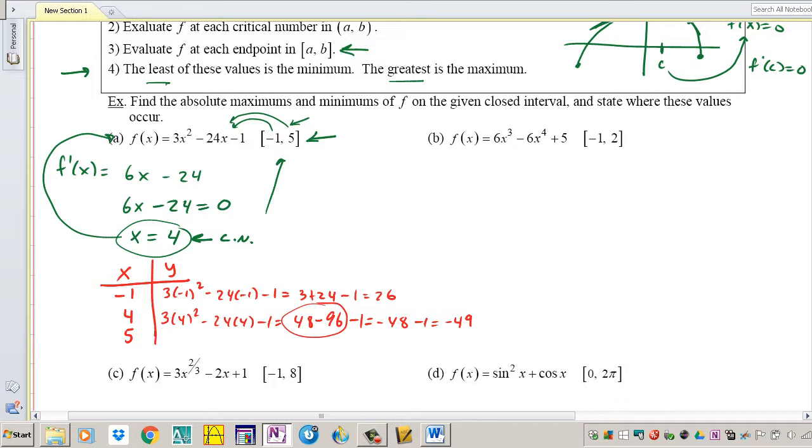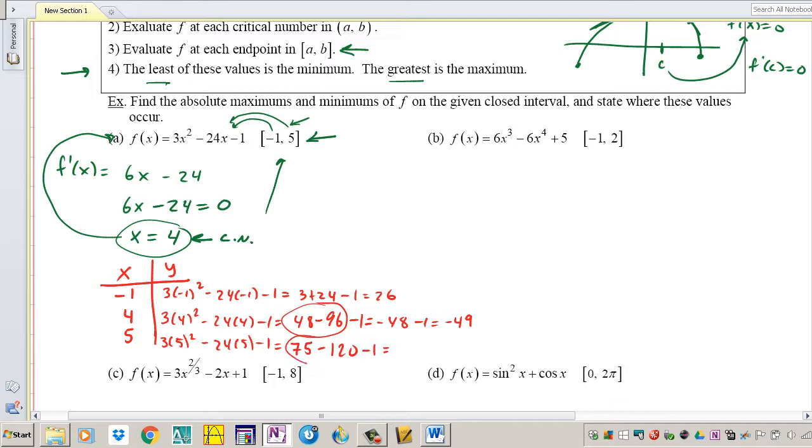Now let's try the last one, 5. 3 times 5 squared minus 24 times 5 minus 1. 5 squared is 25 times 3 is 75, minus 24 times 5, which is 120, minus 1.